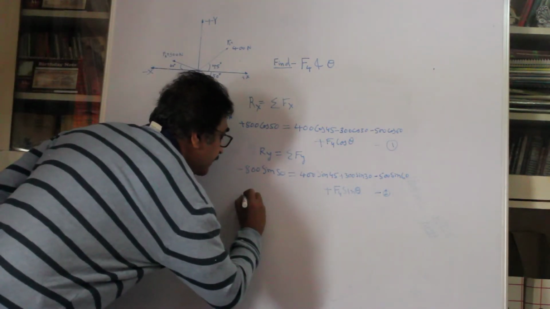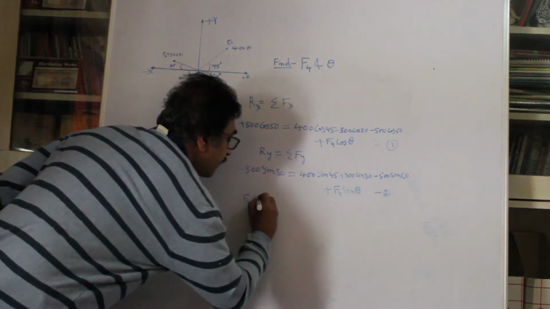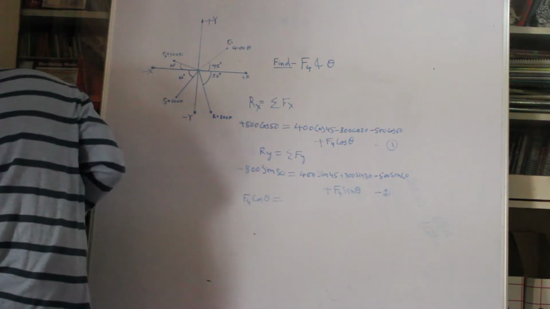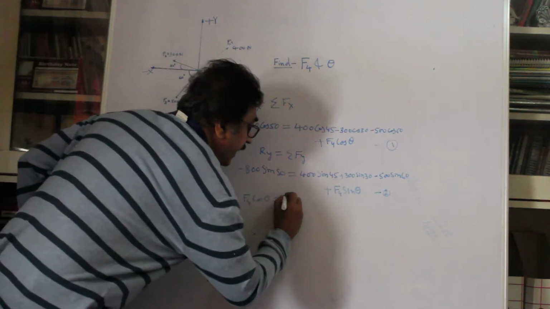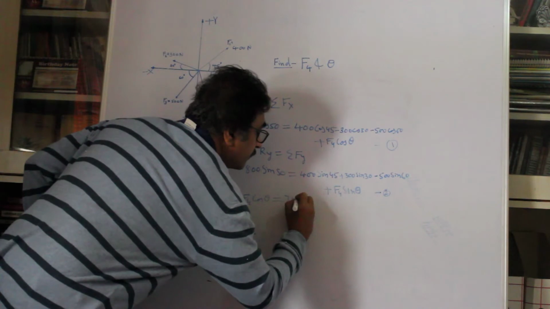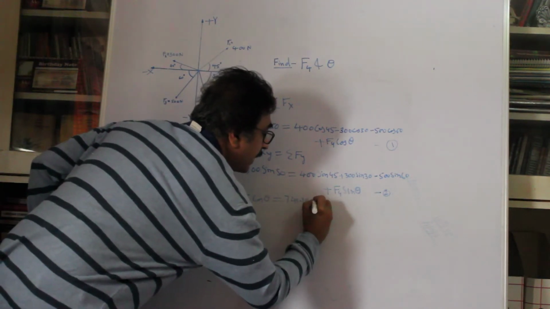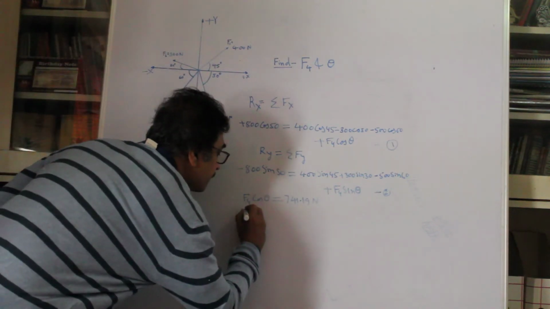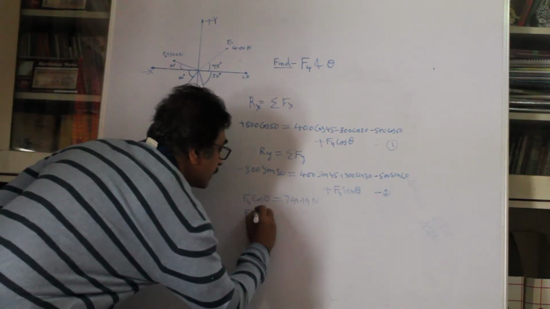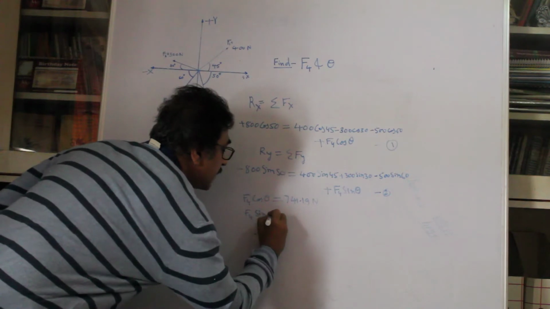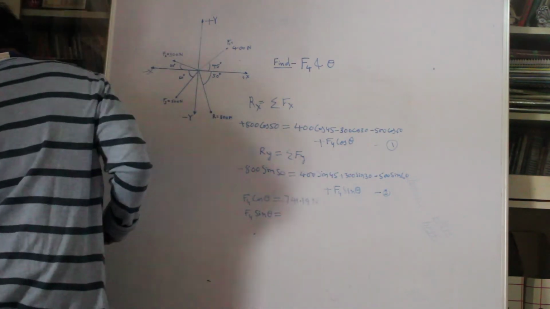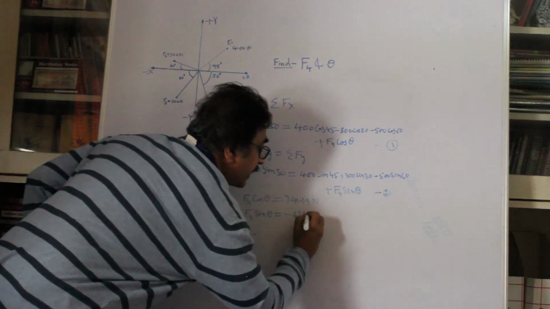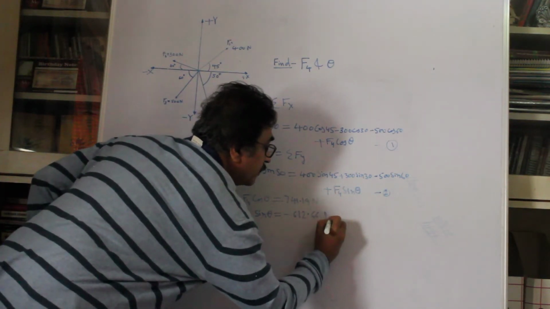So after solving them, you get F4 cos theta as 741.19. And this is positive, please note. And F4 sin theta is minus 612.66 newtons.